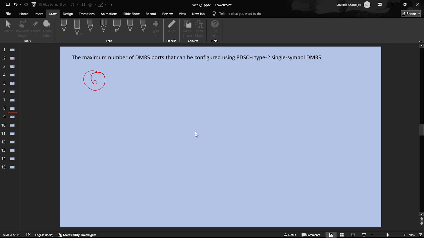I have that ready with me. It is Table 7.4.1.1.2-5 of 38.212. Okay, fine. Thank you.